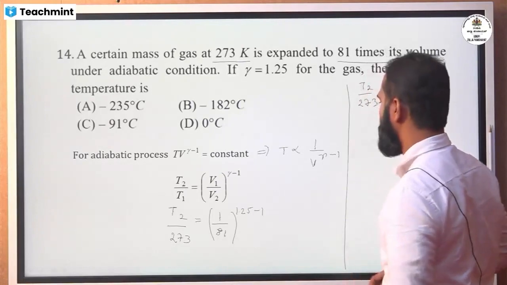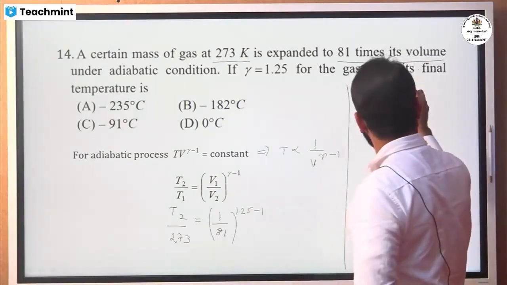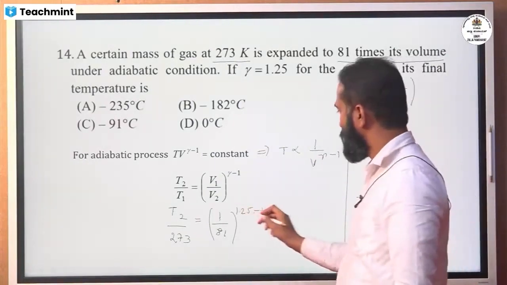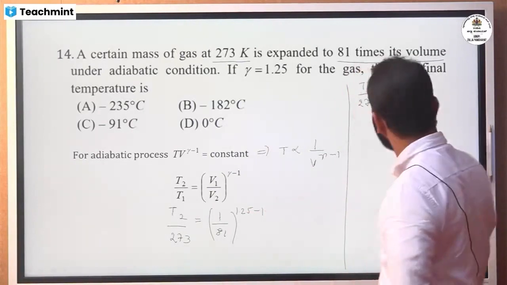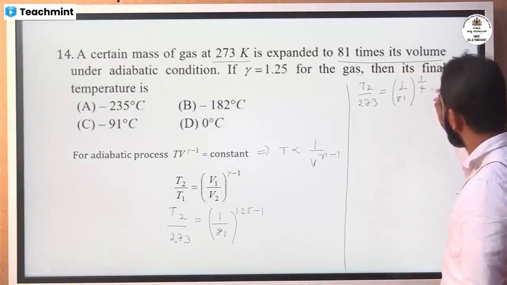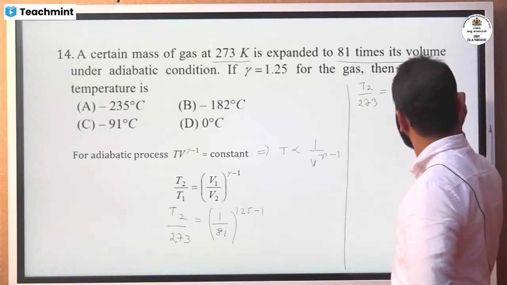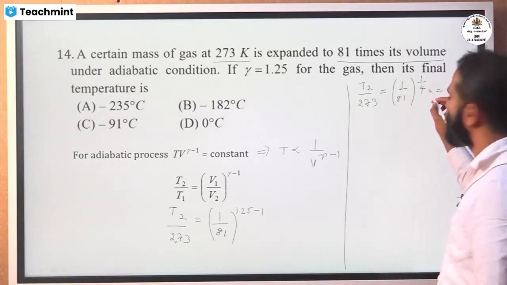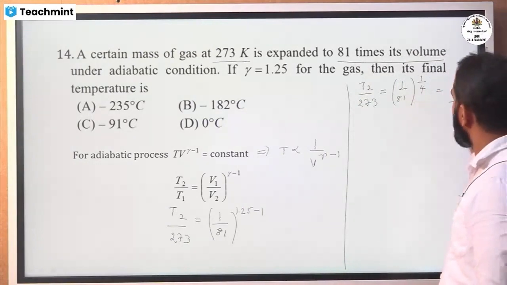That's equal to 1 by 81 to the power 1.25 minus 1, which is 0.25. So 0.25 can also be written as 1 by 4. So the 1/4 root of 1 by 81 is 1 by 3.